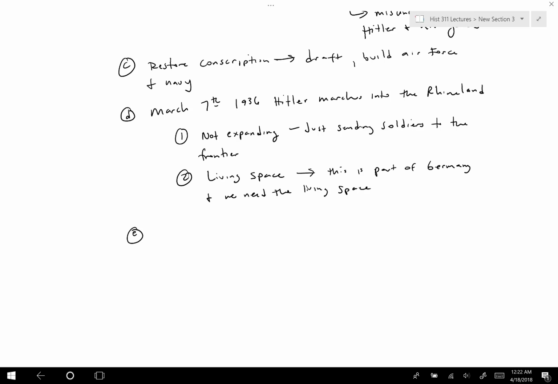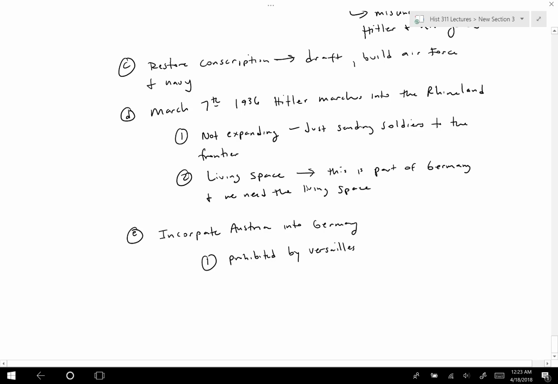The next thing that he wanted to do was to incorporate Austria into Germany and part of the government in the Third Reich. Now, this was also prohibited by the Versailles Treaty, which, of course, at this point, everything he did, nothing stopped him.